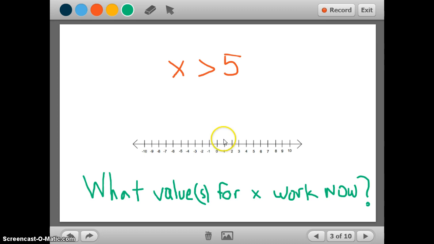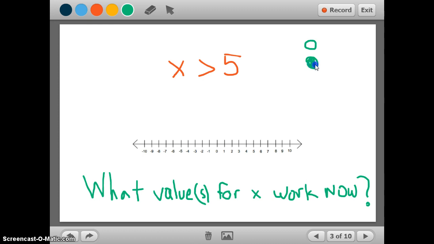Okay, so now let's look at inequalities. So x is greater than 5. How would I graph that? So first of all, when you have a greater than symbol, you want to look at every value that's bigger than 5. That's basically all they're asking you. But remember that you can have an open circle or you could have a closed circle.